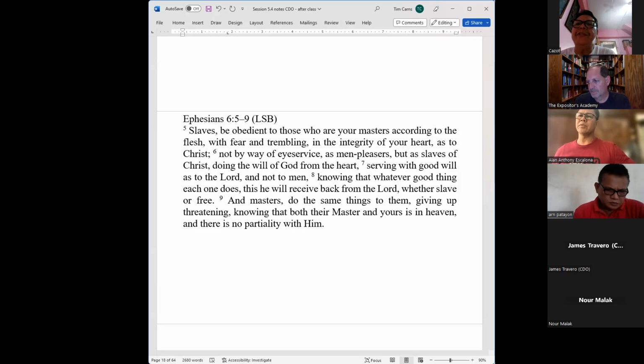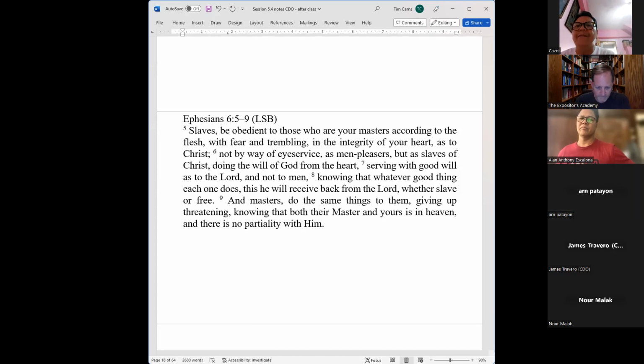Slaves, be obedient to those who are your masters according to the flesh, with fear and trembling in the integrity of your heart, as to Christ, not by way of eye service as men pleasers, but as slaves of Christ, doing the will of God from the heart, serving with good will as to the Lord and not to men, knowing that whatever good thing each one does, this he will receive back from the Lord, whether slave or free.